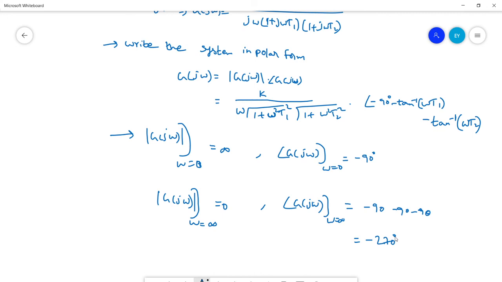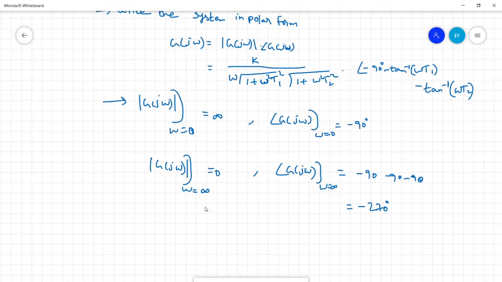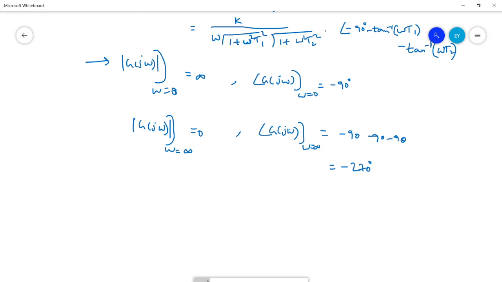So if you plot this particular magnitude and phase, I'll just plot it here. As we said, the plot will start at omega equal to 0 and end at omega equal to infinity.